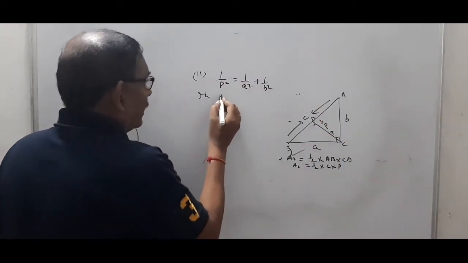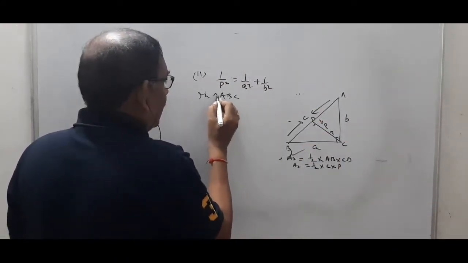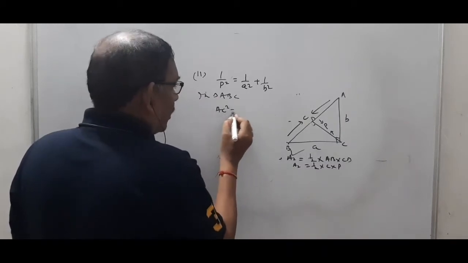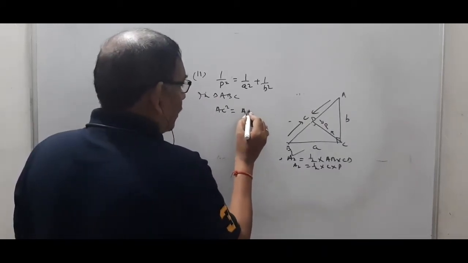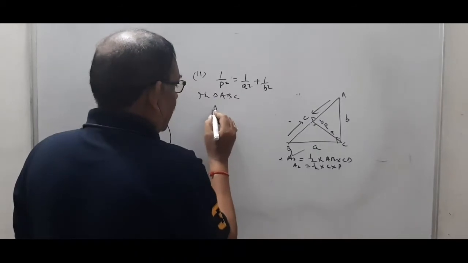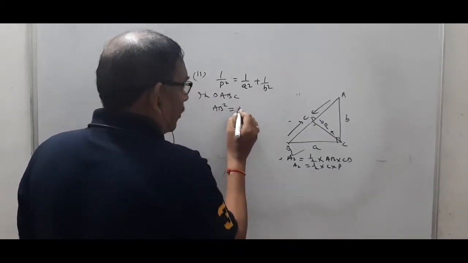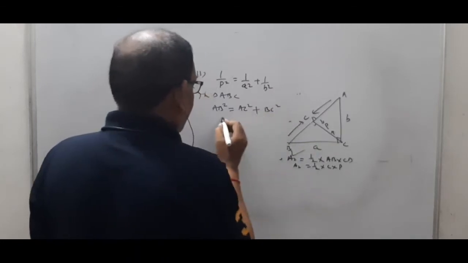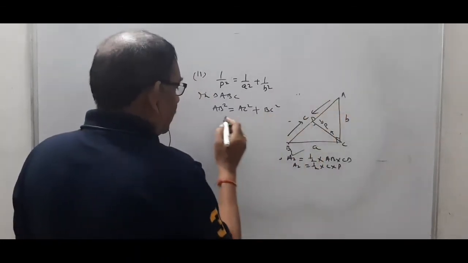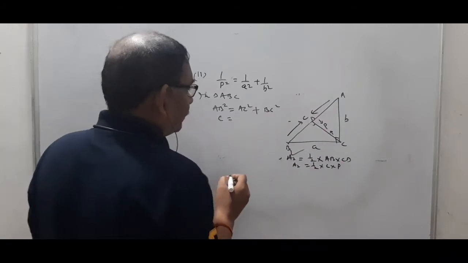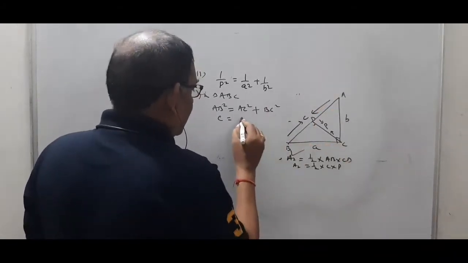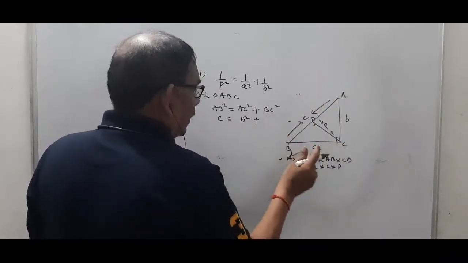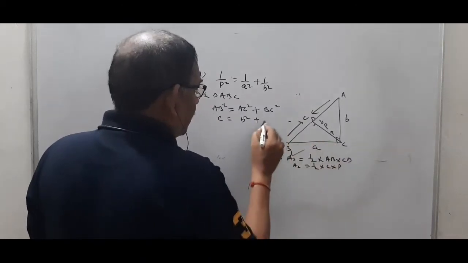In the right angle triangle ABC, AB square is equal to AC square plus BC square. AB square is your C square, AC square is equal to B square, and BC square is equal to A square.